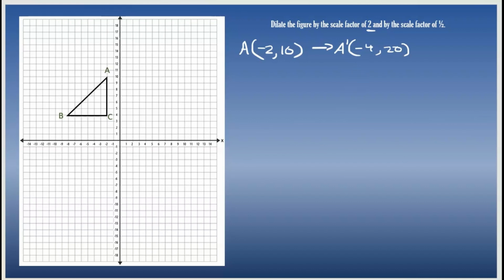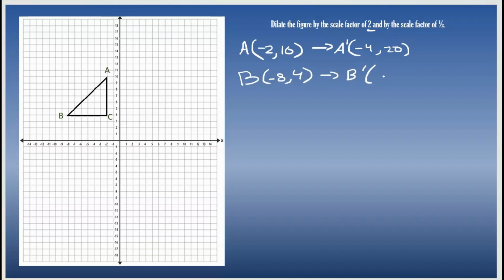Basically, with a scale factor, you multiply the scale factor by the coordinates. So for point A, we just multiply 2 by negative 2, which would be negative 4. And then 10 times 2 would be 20. And that's how we got A prime is negative 4, comma 20. Okay. And then point B is negative 8, comma 4.